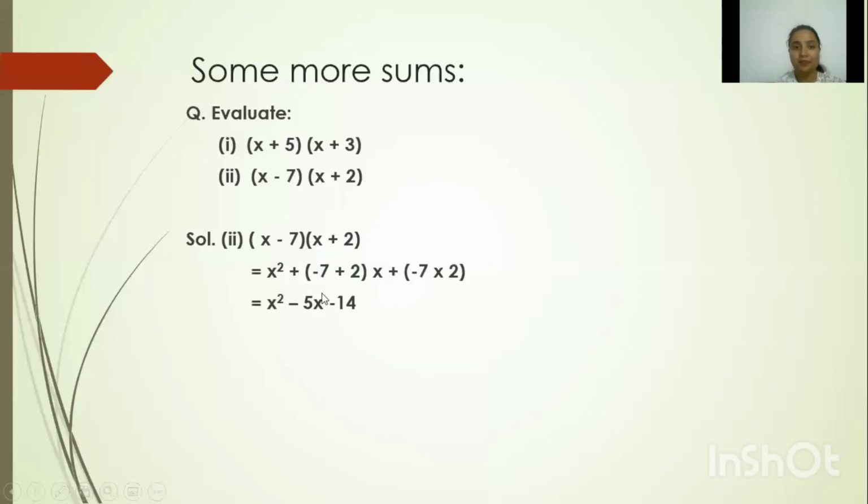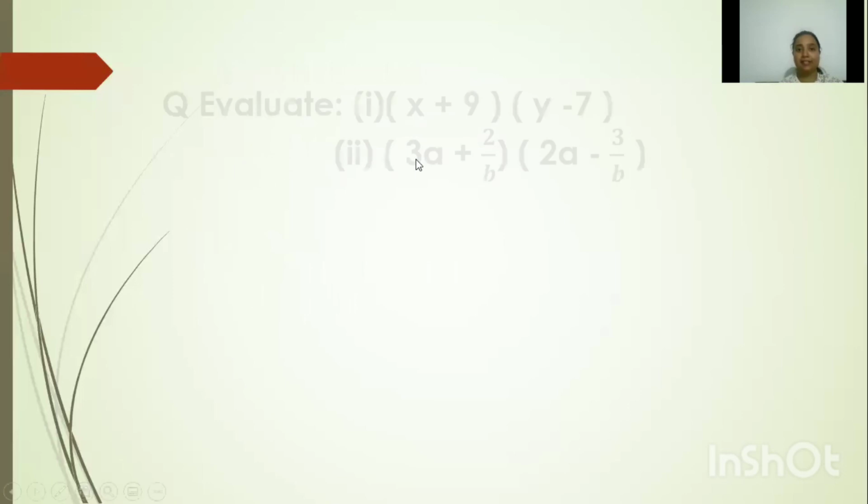Isn't it easy? See, if you ask me what will be the answer of this, x square, then 5 plus 3, 8x, and 5 threes are 15. So the answer for this is x square plus 8x plus 15. Right?